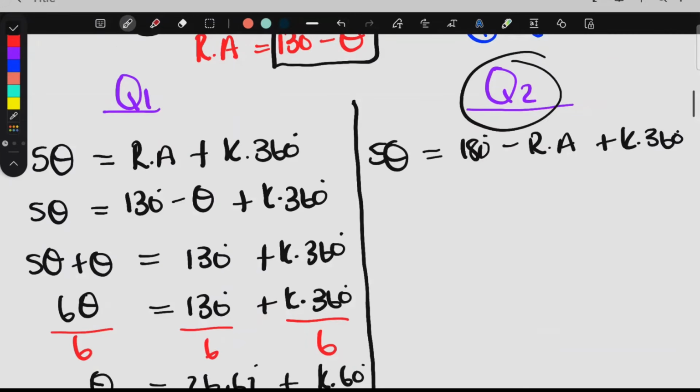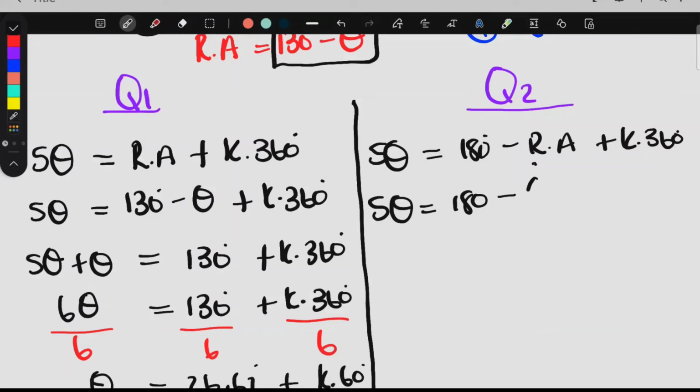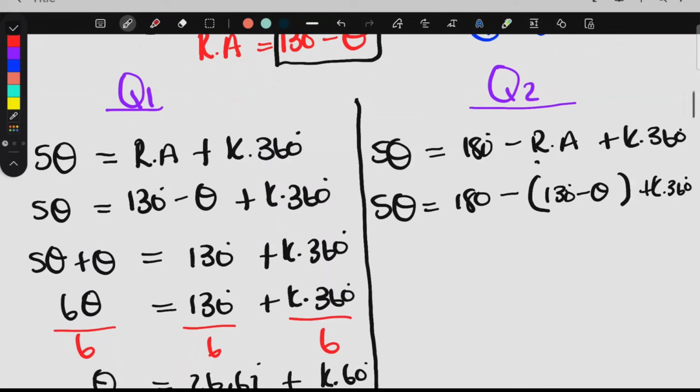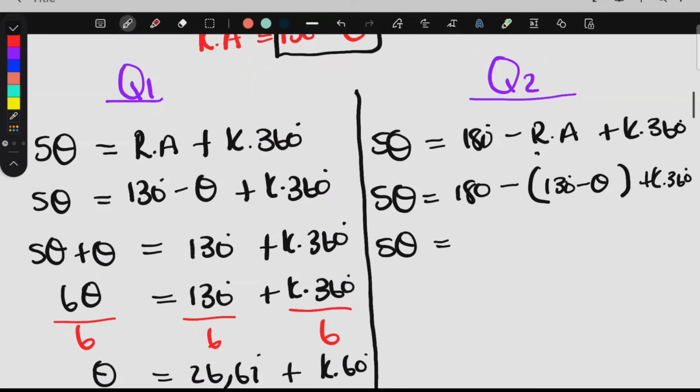So let's go to quadrant number 2. Let's replace the word. So we're going to replace the word reference angle with the actual reference angle. So 5 theta is equal to 180 minus, now put the reference angle in brackets. So 130 minus theta plus k 360. Now we're just going to remove the brackets. So let's remove our bracket. Minus 130 plus theta. Okay? Then we take the theta over to the other side.